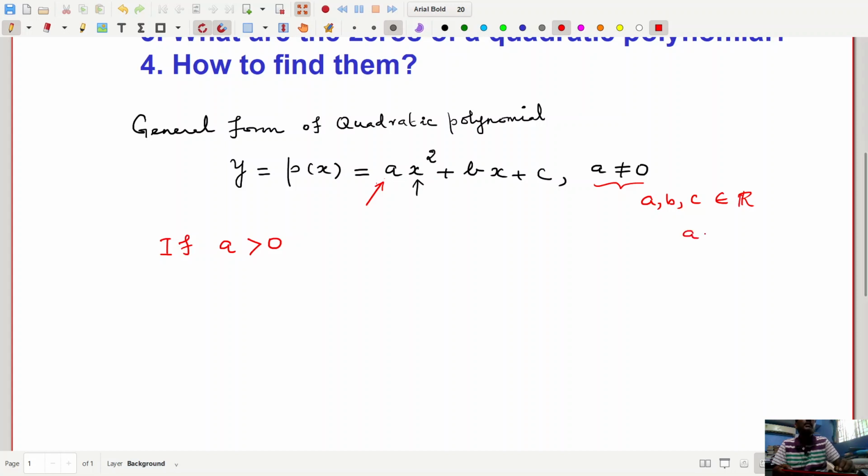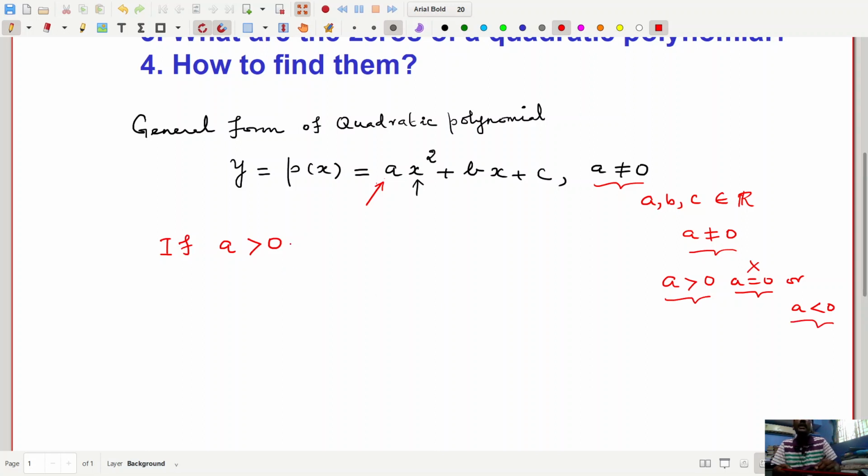Of course, a should not be 0; in fact, b and c may be 0. So there are 2 possibilities for a, because a is not equal to 0. By the law of trichotomy, a real number can be either greater than 0, or equal to 0, or less than 0. So when it is not equal to 0, it can be either positive or negative.